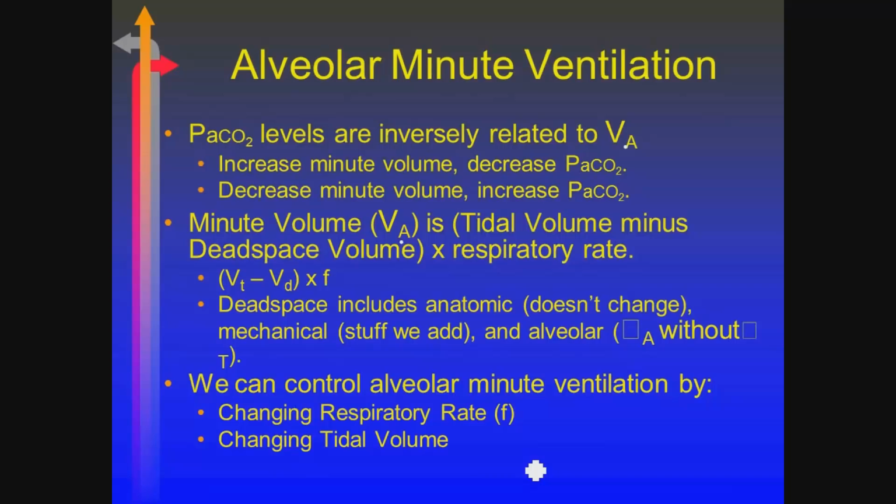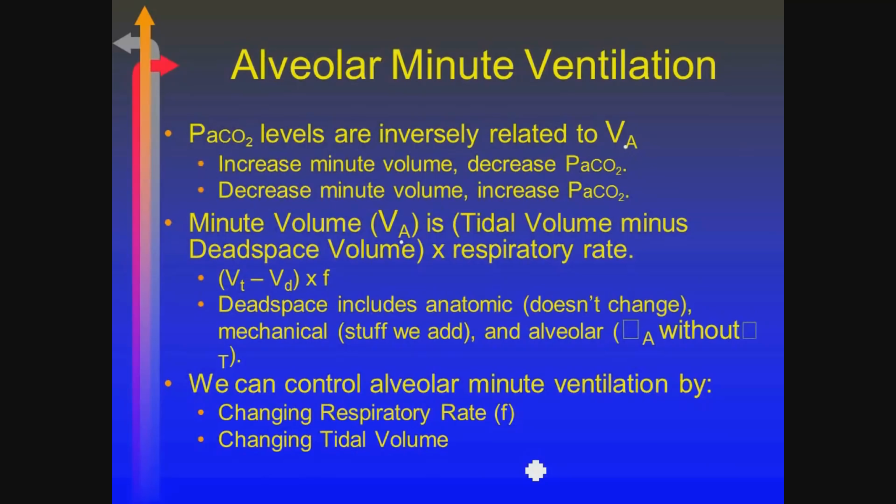As I increase the minute volume, I reduce the arterial carbon dioxide level. The opposite is true: if I decrease minute volume, CO2 rises. We know that minute ventilation is a function of tidal volume less some amount of dead space volume, where that dead space is anatomic, that doesn't change.